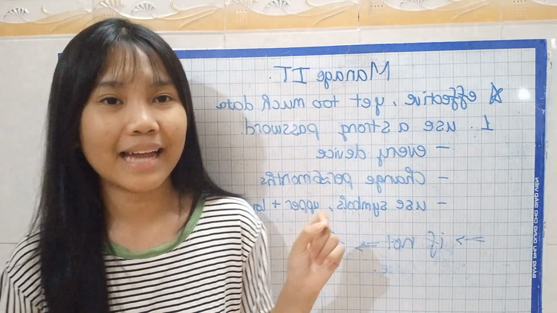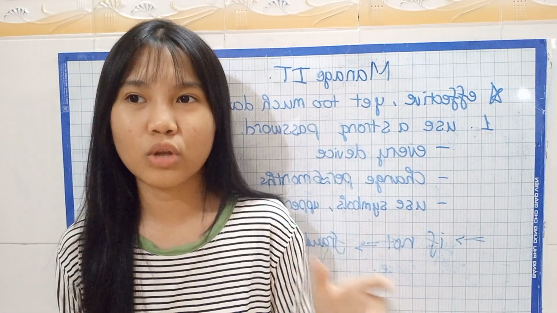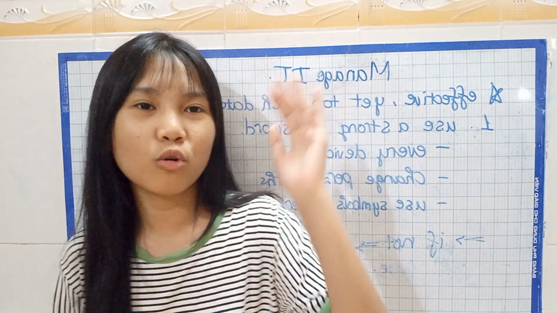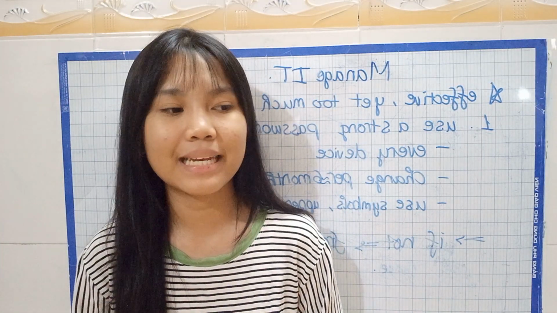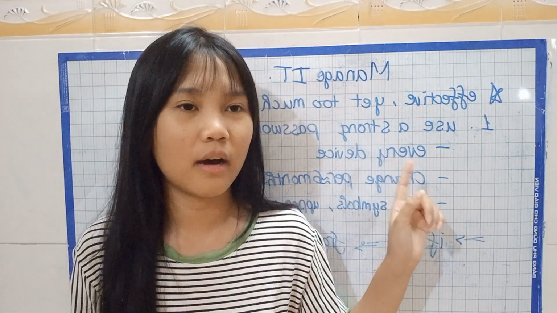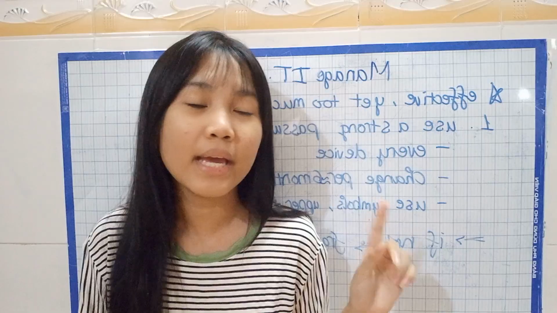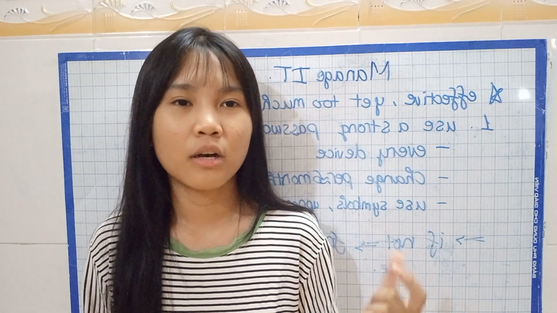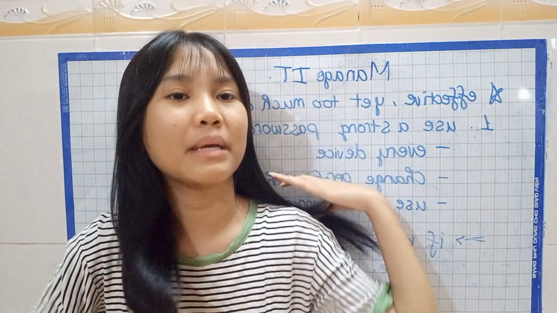Secondly, every single device should have a different password. What I am saying here is that it should be something that is not guessable. For example, this device of mine has the password 123, another device should be 321, another should be something else. So it should not be the same. What is the meaning here?